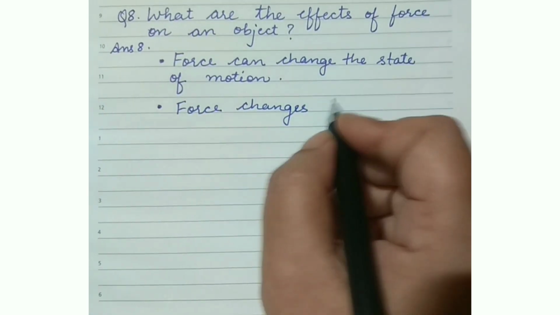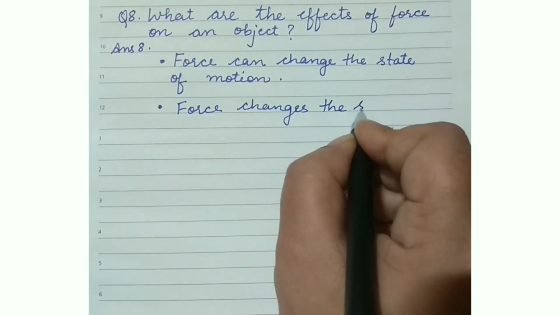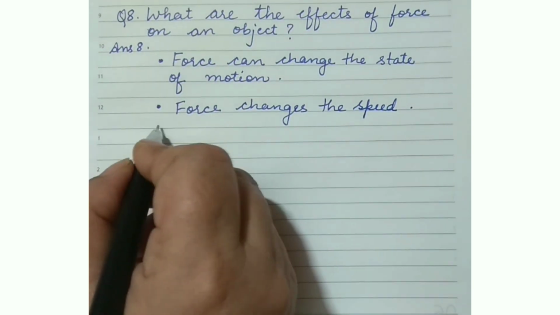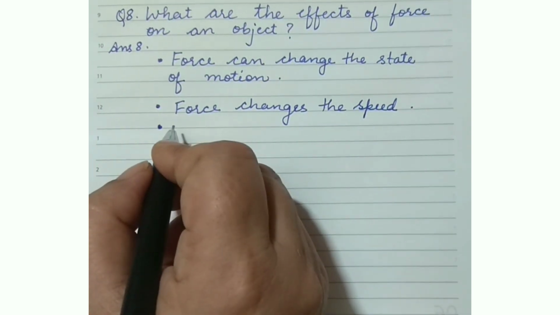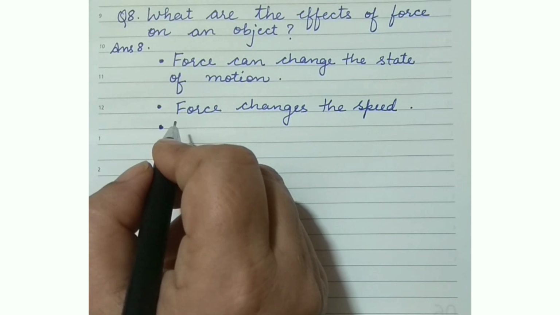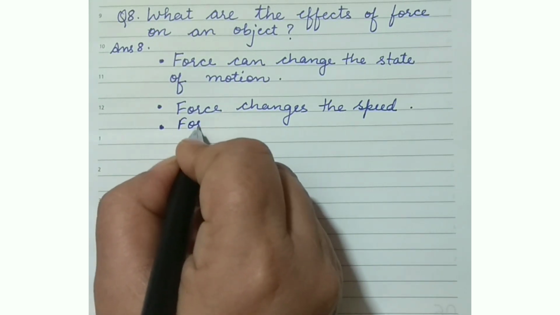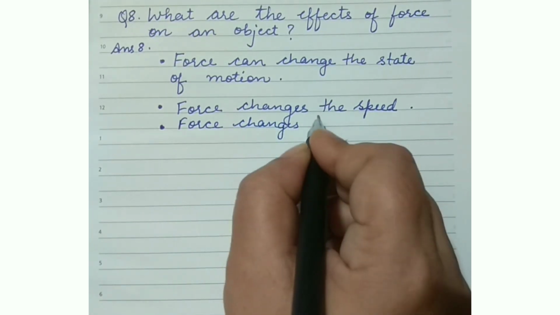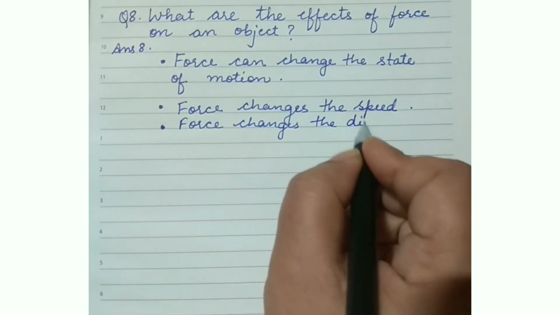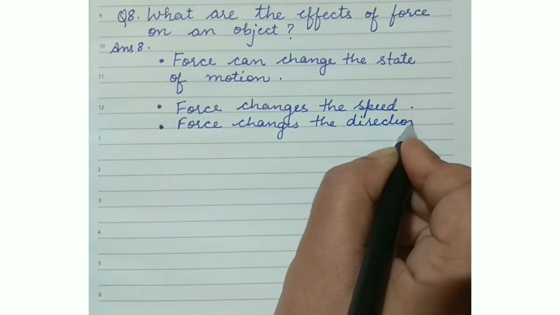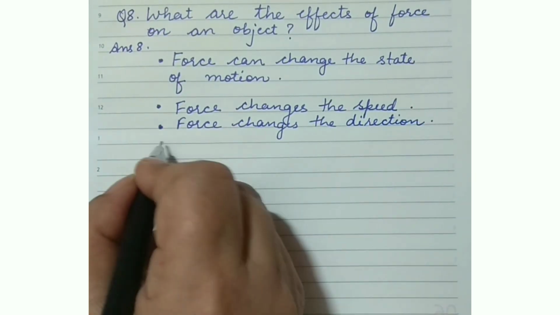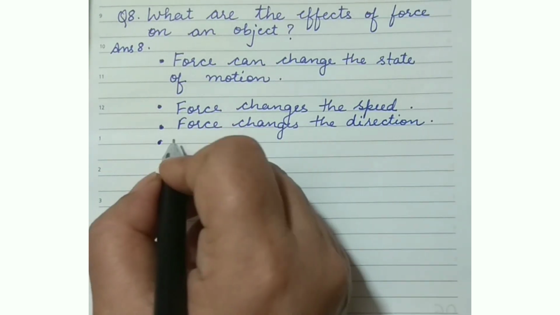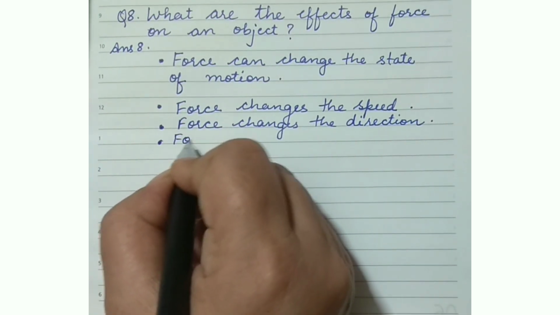In the second point, force changes the speed. For example, while driving a car, if you are moving fast, and while kicking a ball, if you are kicking hard, then the speed changes.